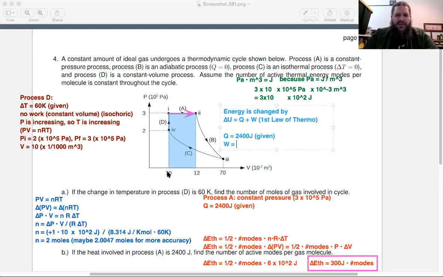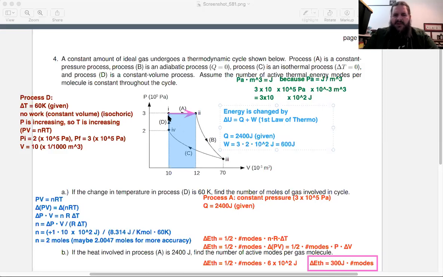You could also think of this as pressure times delta volume, the usual formula for a constant pressure process. Pressure is 3, delta volume is 2. And again, we'll also have to multiply by the 10 squared joules to get the units to work out right. So we get 600, because that's 6 times 100, so 600 joules.